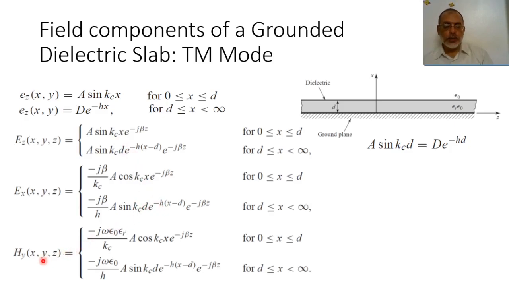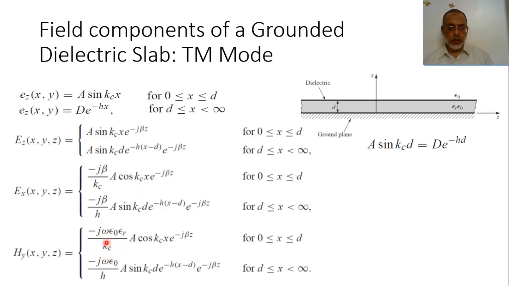For Hy it is minus j omega epsilon over kc squared partial Ez by partial x. So in this case partial Ez by partial x would be kc A cosine kcx, and we have kc and kc squared.